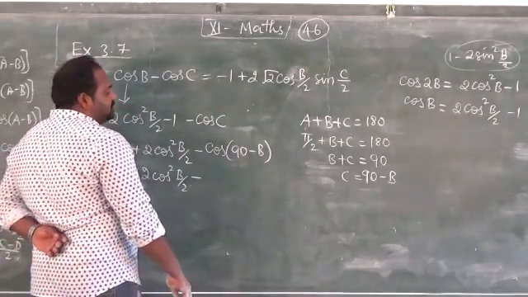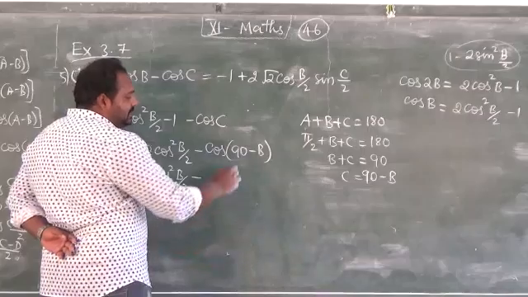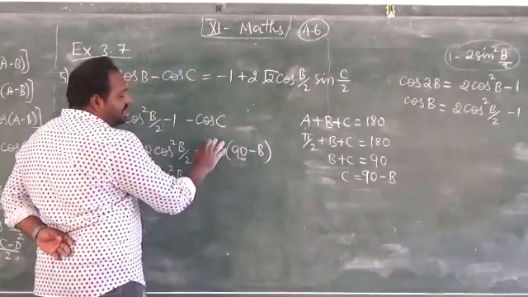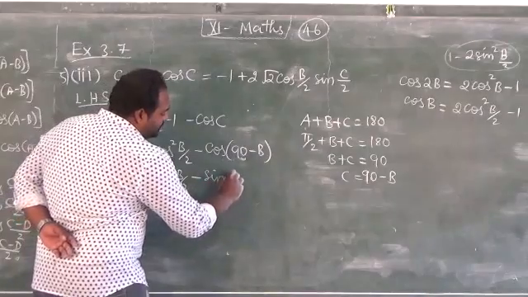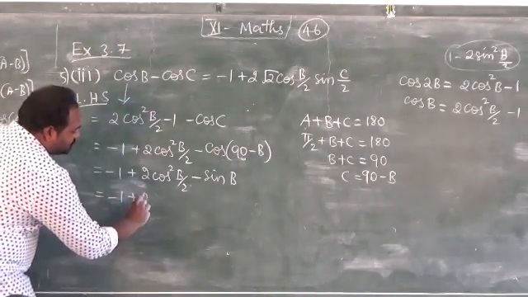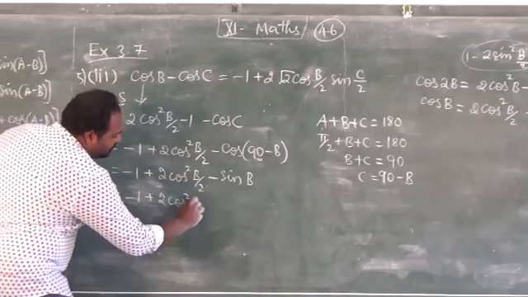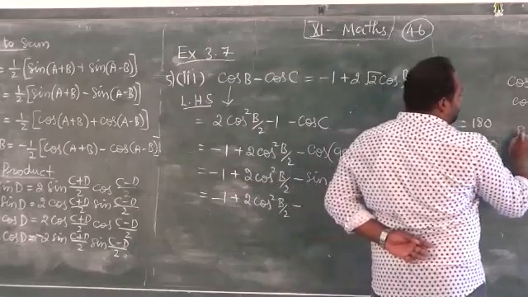So cos of 90 minus B, minus 1 plus 2 cos square B by 2 minus cos of 90 minus B, which is first quadrant. 90 minus theta is first quadrant, no sign changes. Since we have 90, we have to change the ratio cos into sin B. Next, minus 1 plus 2 cos square B by 2 minus sin B, half angle.